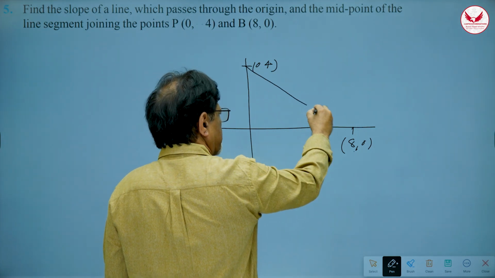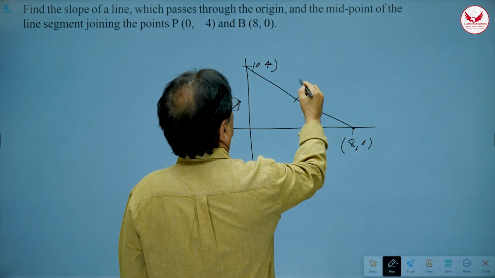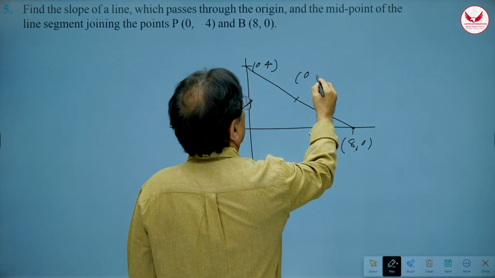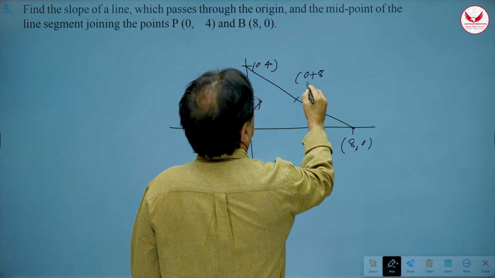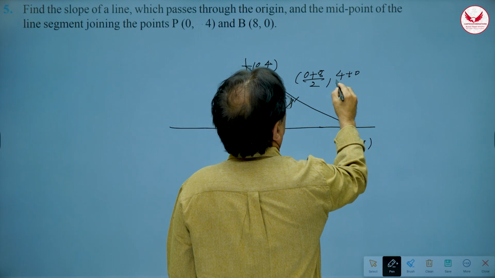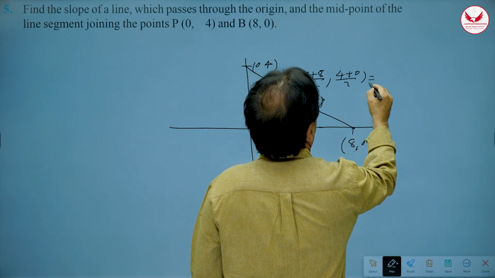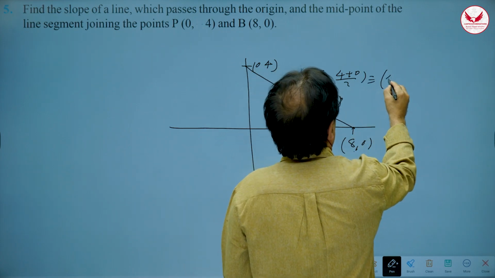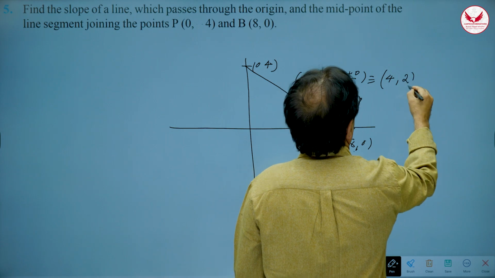So if you join this and find the midpoint, the midpoint will be 0 plus 8 divided by 2, 4 plus 0 divided by 2. That will give you 8 upon 2, 4, and 4 upon 2, 2. Correct?